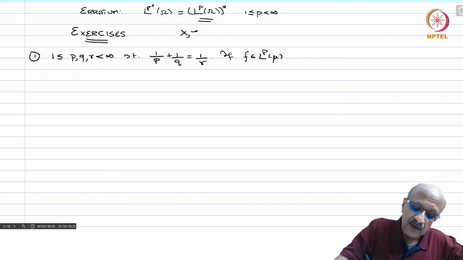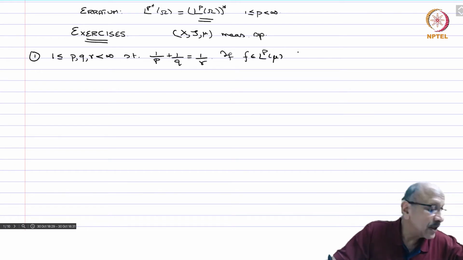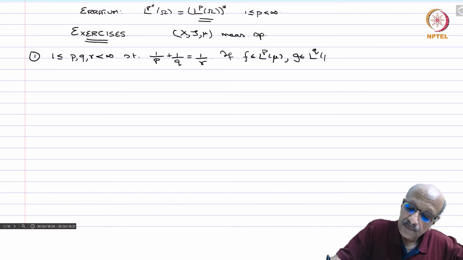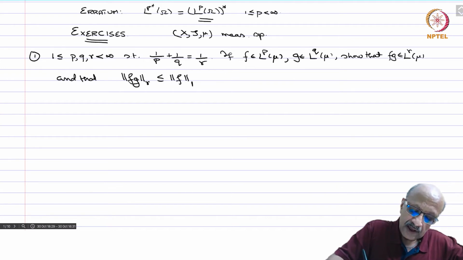Throughout, we will assume that μ is a measure space. I will not specify it in every exercise because it's the general hypothesis. If f belongs to L^p(μ) and g belongs to L^q(μ), show that fg belongs to L^r(μ) and that the norm of fg in L^r is less than or equal to the norm of f in L^p times the norm of g in L^q.